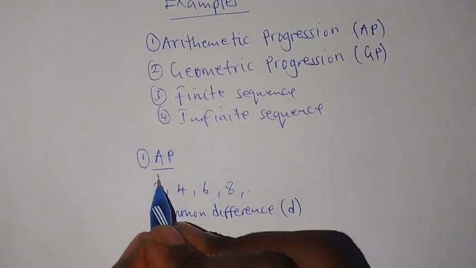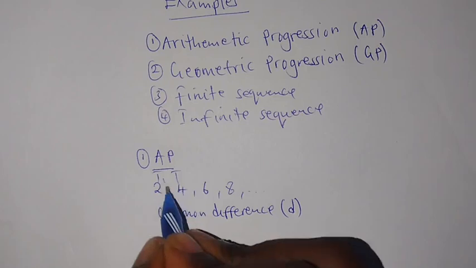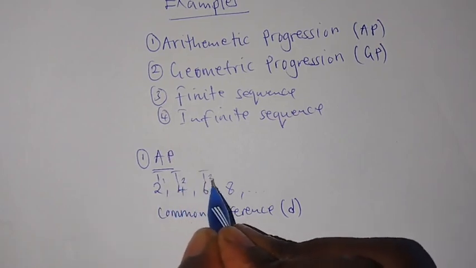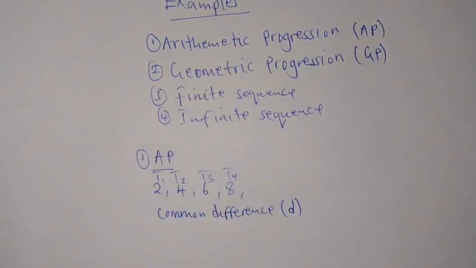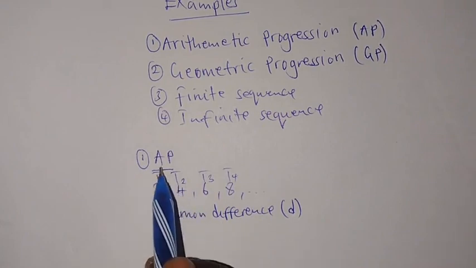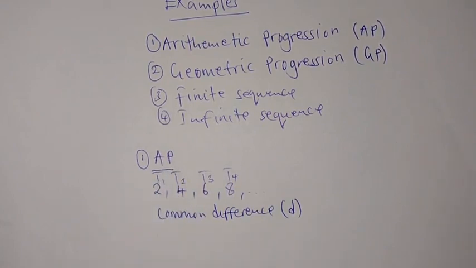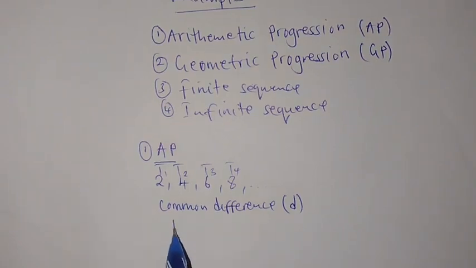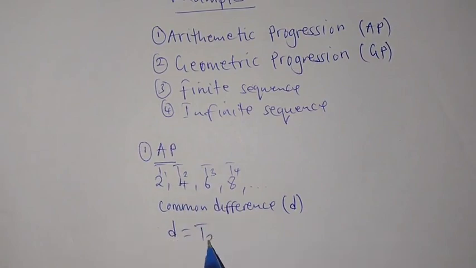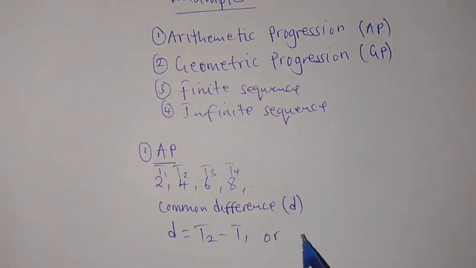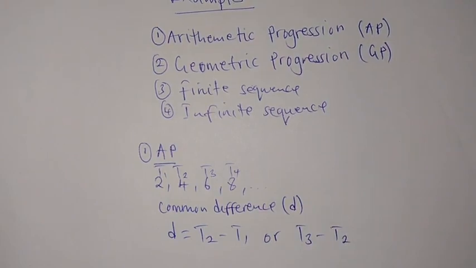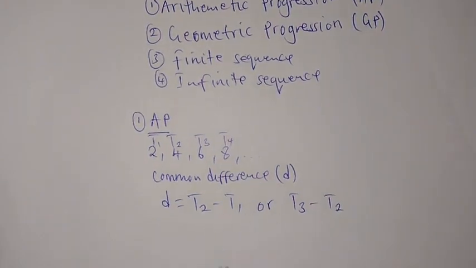Since we have term 1, term 2, term 3, term 4, how do you find the common difference in an arithmetic progression? To find the common difference in an AP, D equals the second term minus the first term, or the third term minus the second term. That is how we find the common difference.